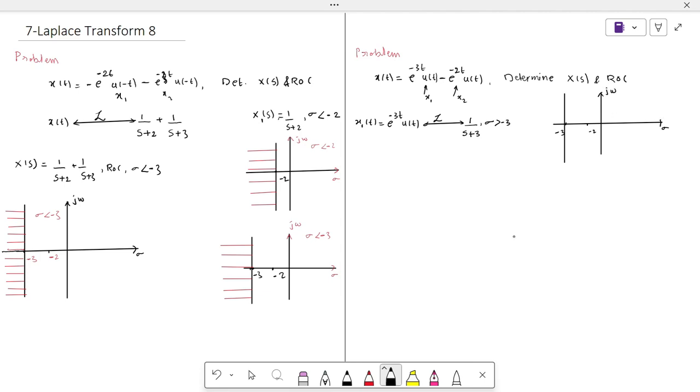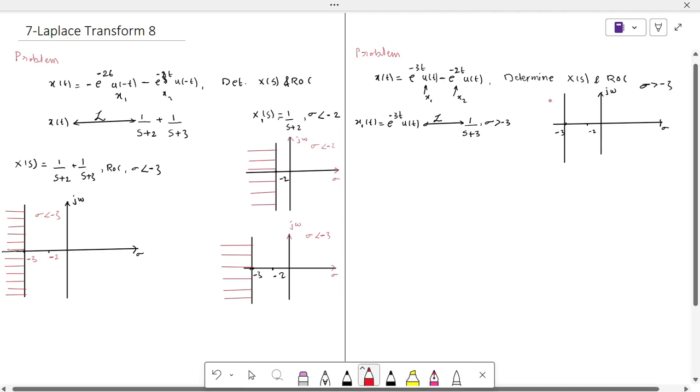On the sigma and j omega axes, this is the region of convergence for sigma greater than -3.